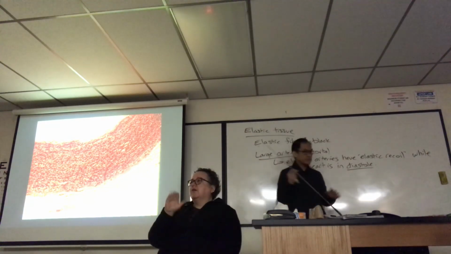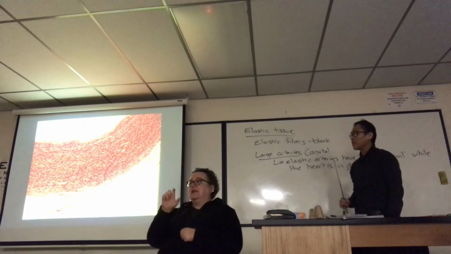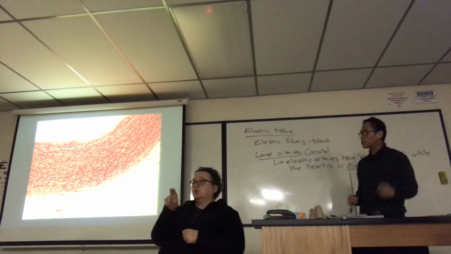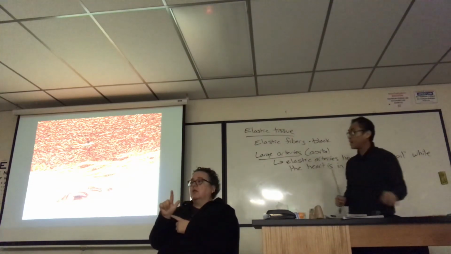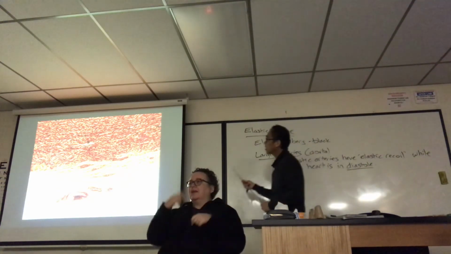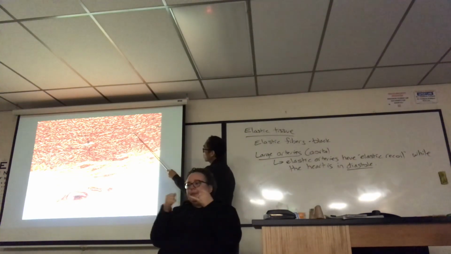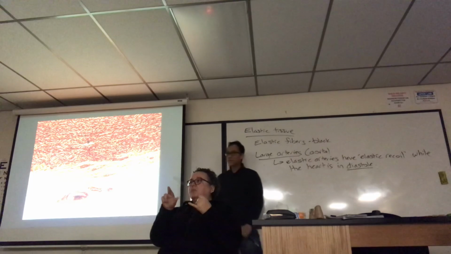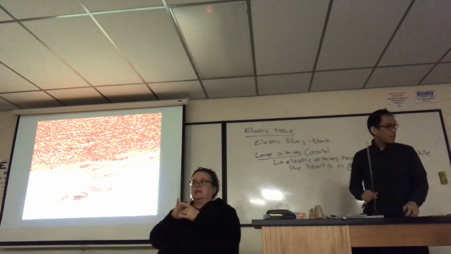Wherever you see the blackish tissue is elastic tissue within the vessel wall. Here's a closer picture so you can make out the individual elastic fibers. It's considered a dense connective tissue.